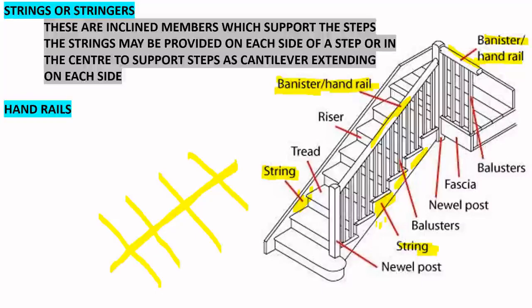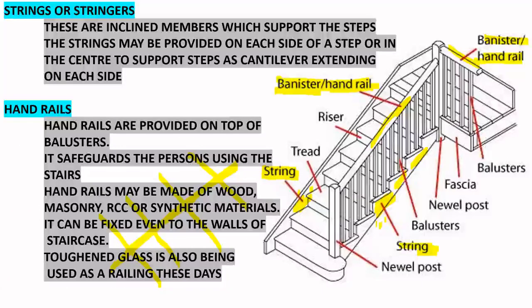Handrails are provided on the top of balusters. The balusters are the support between the handrail and the steps. So whoever is using the stairs, these handrails will safeguard them.